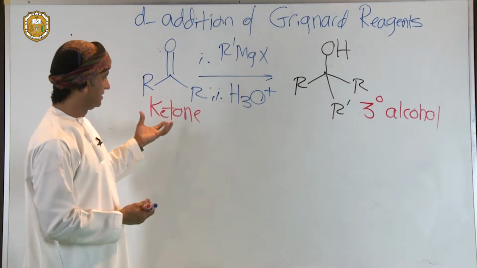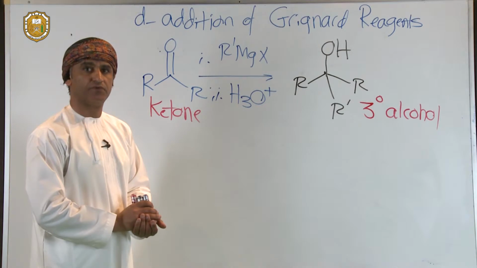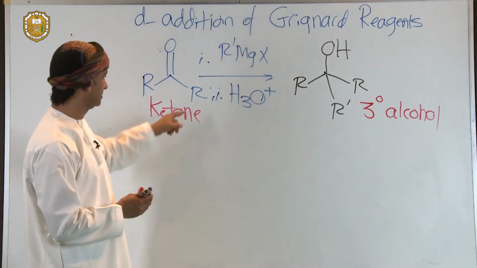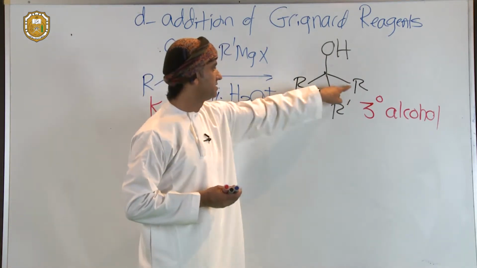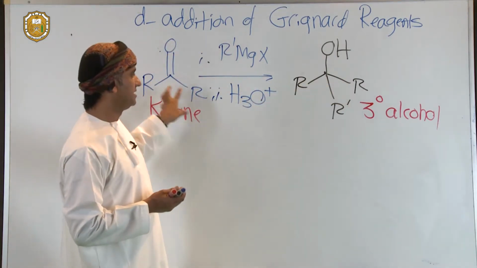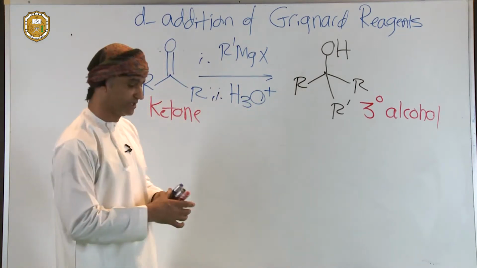That's basically the reaction of ketones with Grignards in order to form the corresponding tertiary alcohol. Please notice that these two groups here are these two groups. In other words, these two groups come from the ketone, whereas this additional group comes from the Grignard.